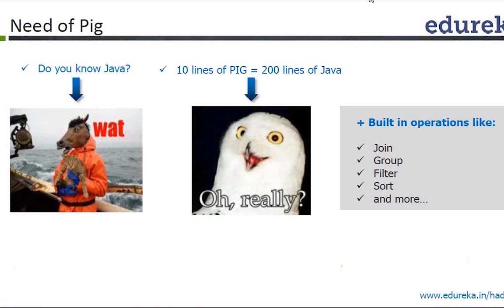In terms of effort, there is some effort in learning the Pig Latin language, but once you learn it, the effort is much smaller. For a simple Java program, you are going to write 100 or 200 lines of Java code, but when you write a Pig script, it is hardly a few lines of code. So your 200 lines of Java code can translate to just 10 lines of code in Pig.